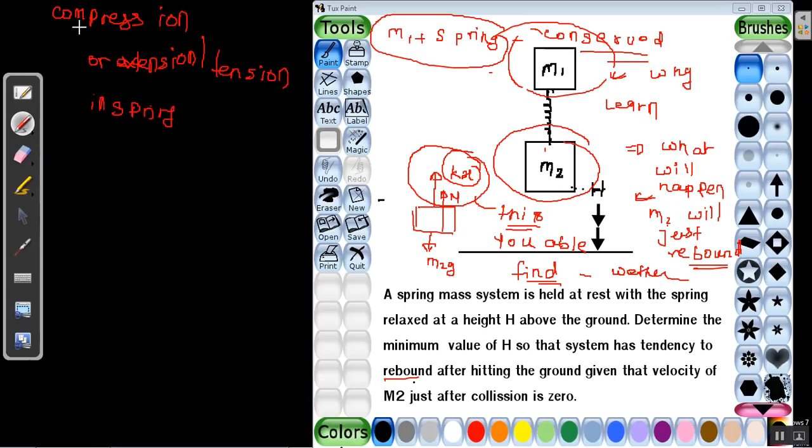If you are able to analyze these two things, then you are able to understand whatever solution I have given to you. These two points are very important.